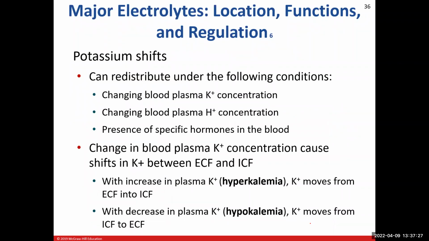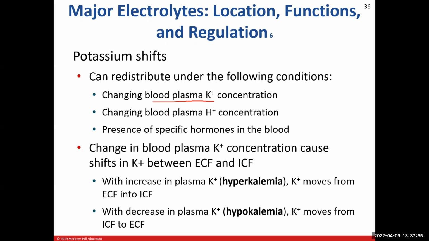Potassium is going to shift into the cells from the extracellular fluid, and we'll also see it shift from the intracellular fluid to the extracellular fluid. There are certain conditions that cause this to occur, and we're going to talk about three. One, a change in our blood plasma concentration of potassium.